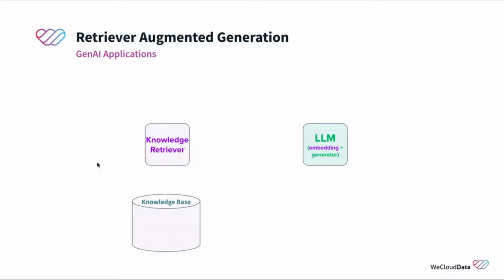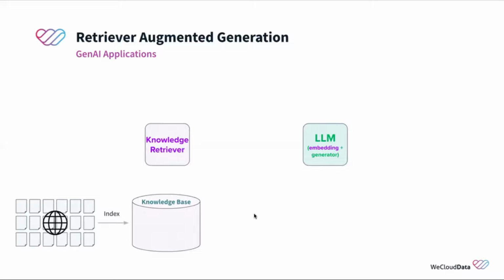So it needs a couple of things, right? Such as the knowledge retriever. You need a large language model that can do embeddings and generations, but you also need a knowledge base, right? First of all, you need all of your data to be indexed or stored in a knowledge base, and then you can retrieve that in a very, very efficient manner, right?